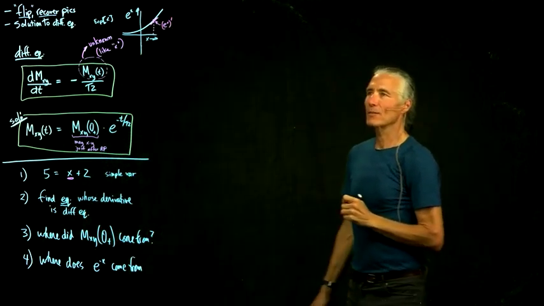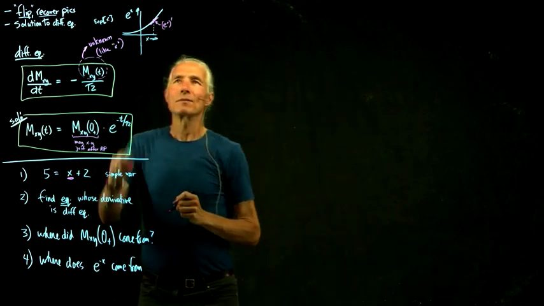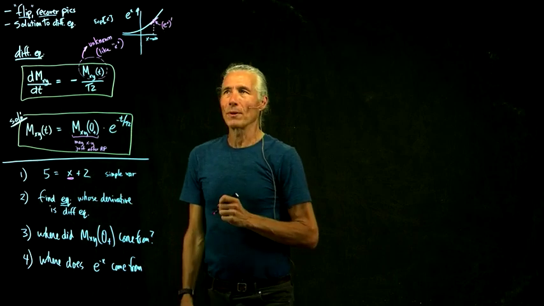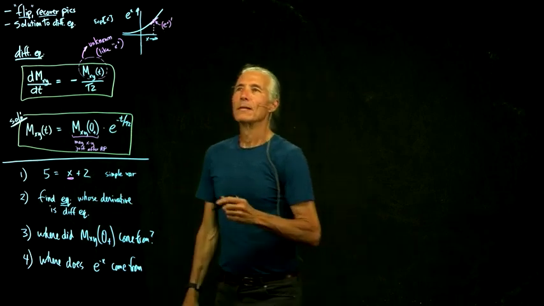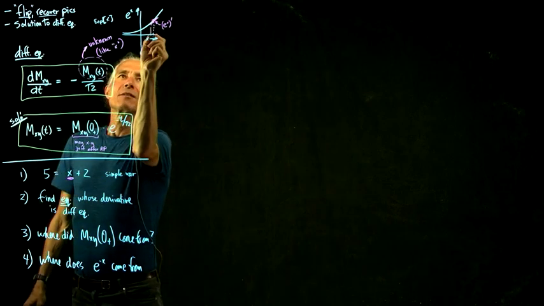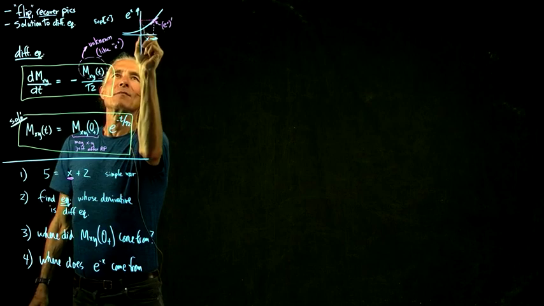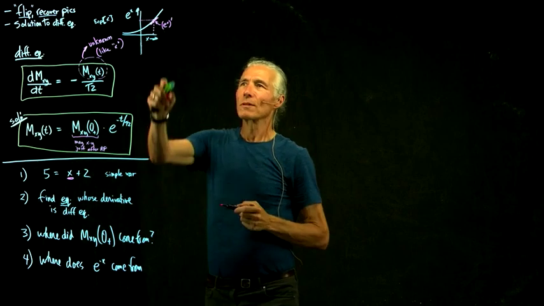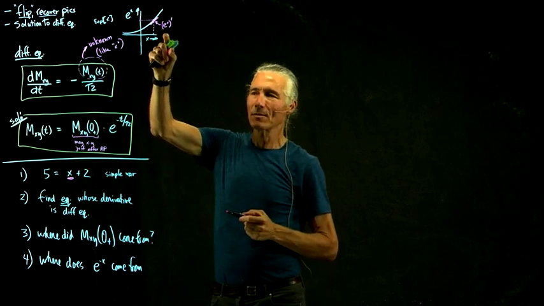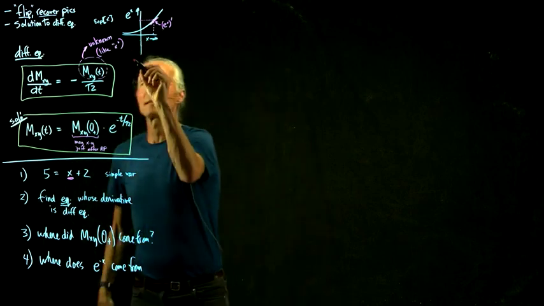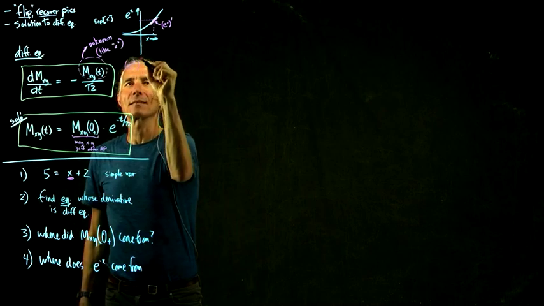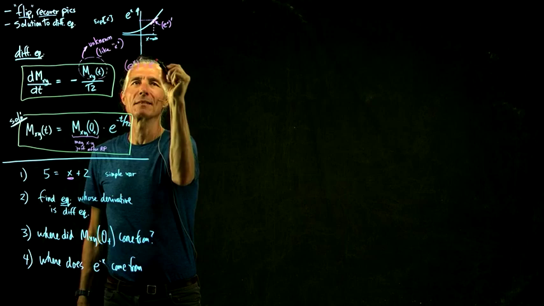If we take the derivative of e to the x, it turns out it's equal to the slope. So the value of e to the x is equal to the slope at that point, which is the derivative. So the derivative of e to the x just equals e to the x.